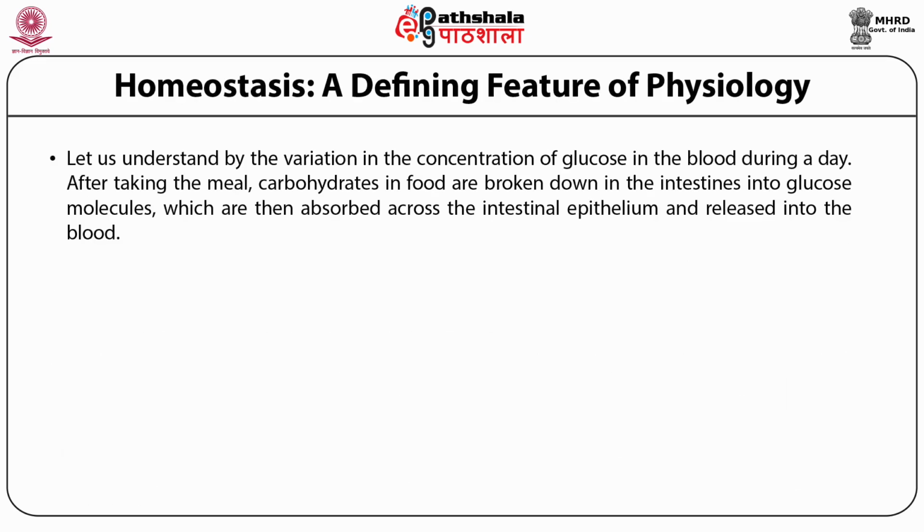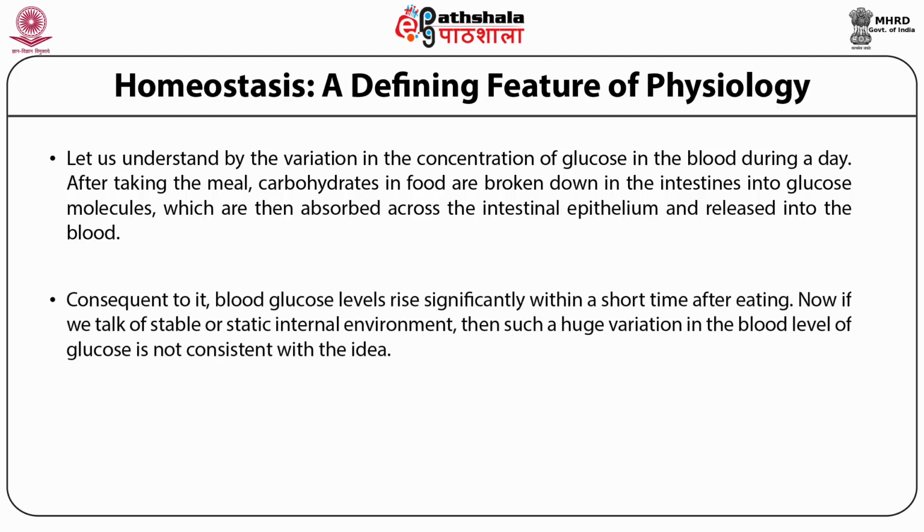Now let's understand the variation in the concentration of glucose in the blood during a day. After taking a meal, carbohydrates in food are broken down in the intestine into glucose molecules, which are then absorbed across the intestinal epithelium and released into the blood.